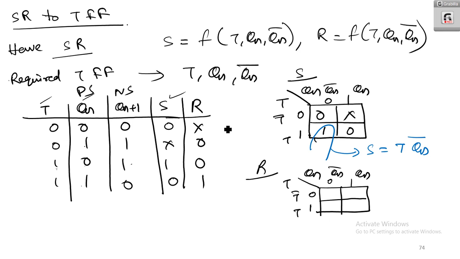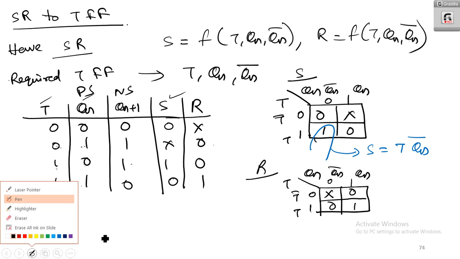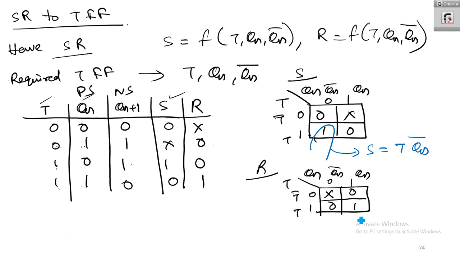So 0, 0: R is don't care. 0, 1: R is 0. 1, 0: R is 0. 1, 1: R is 1. So we can take only this one. T is there and Qn is there. That is R is equal to T into Qn.